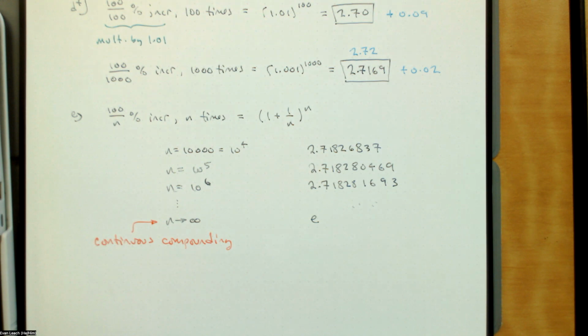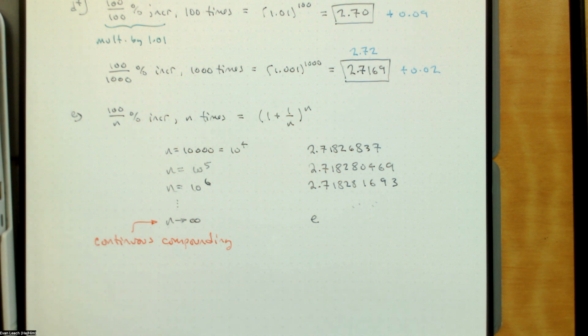So rather than discretely compounding the interest millions of times per year, we just model it with continuous compounding. We're imagining that we are always compounding, an infinite number of times per year.